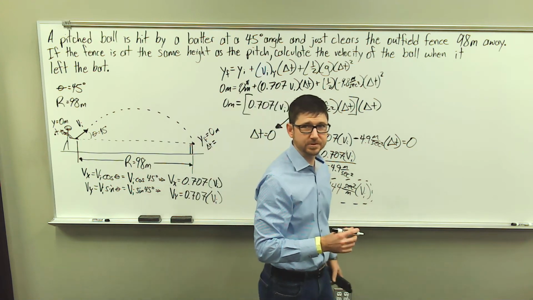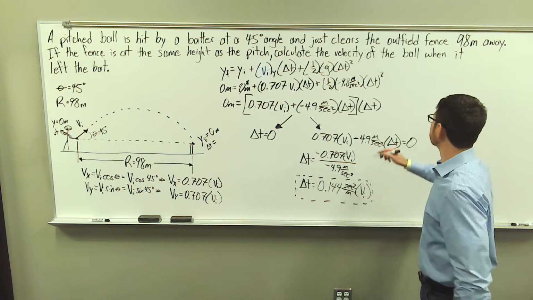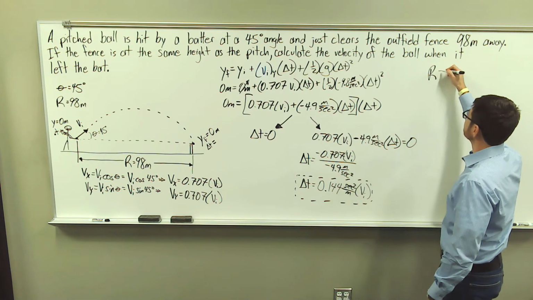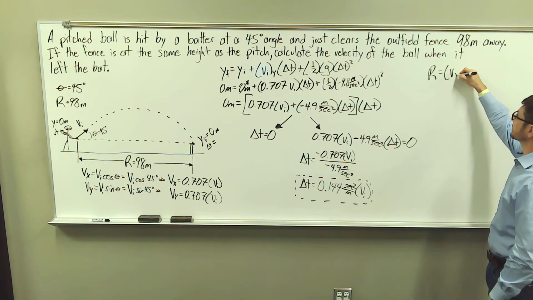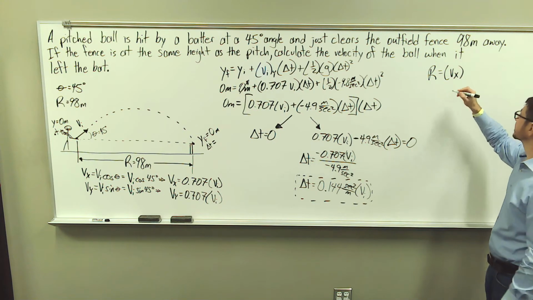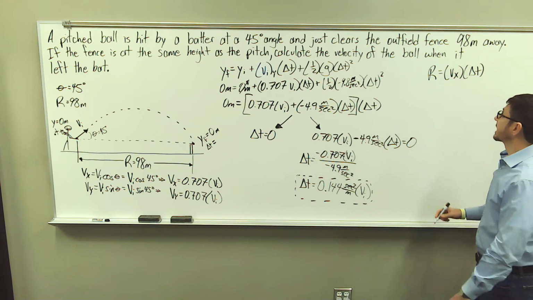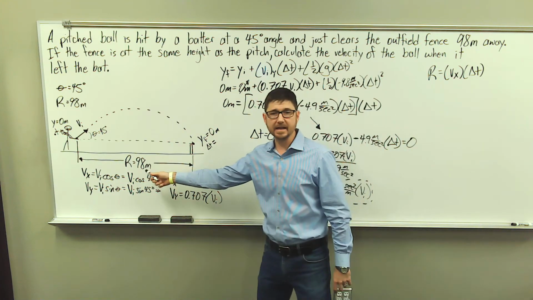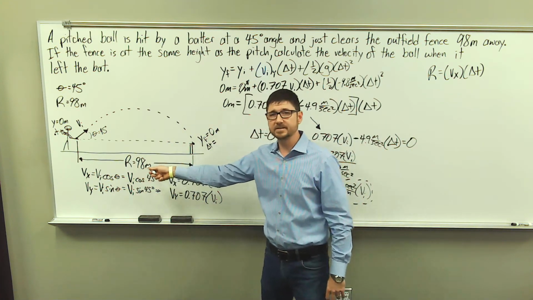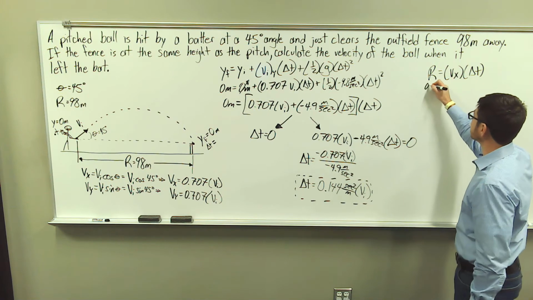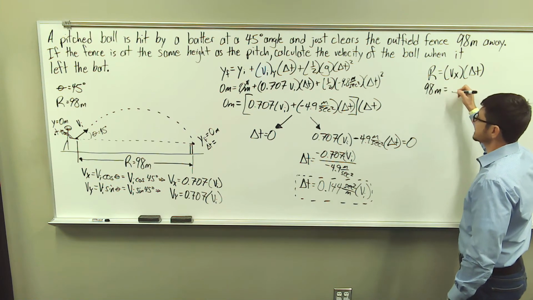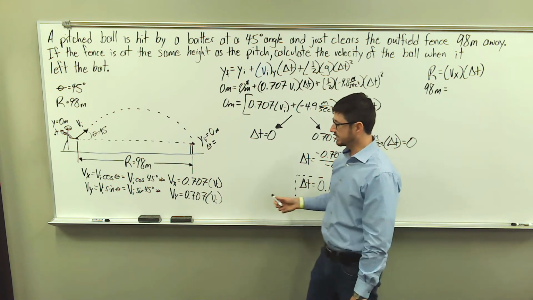Now we need to talk about range. So we know that range is equal to the velocity in the x direction multiplied by delta t. Now we know that our range is 98 meters. So they tell us this in the problem. So we have 98 meters is equal to velocity in the x direction.